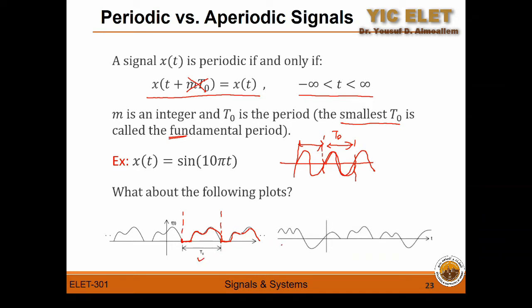What about this one? It might not be clearly shown from here, but it is an aperiodic signal, meaning it is not periodic. If a signal has a period, we call it a periodic signal.